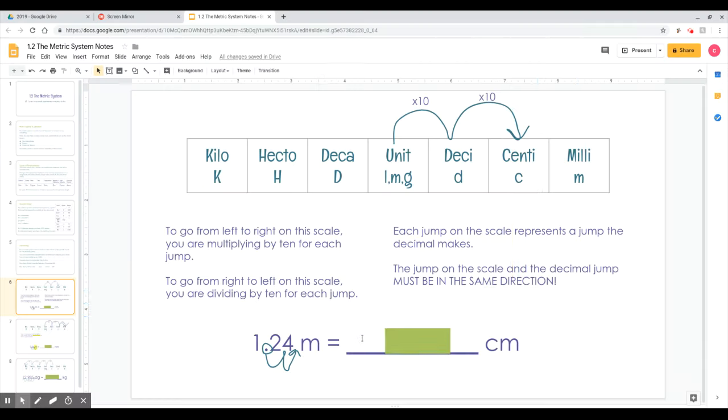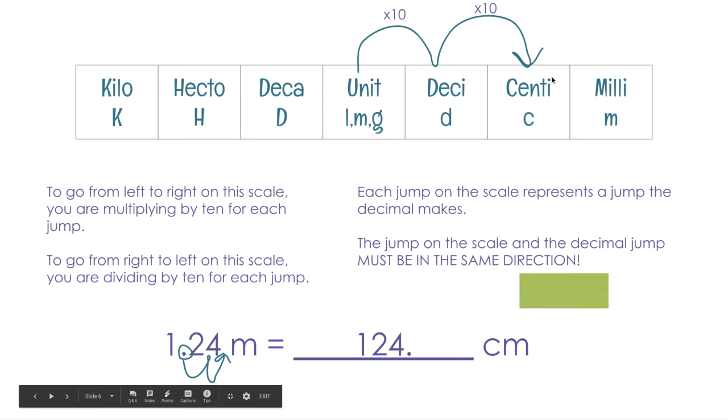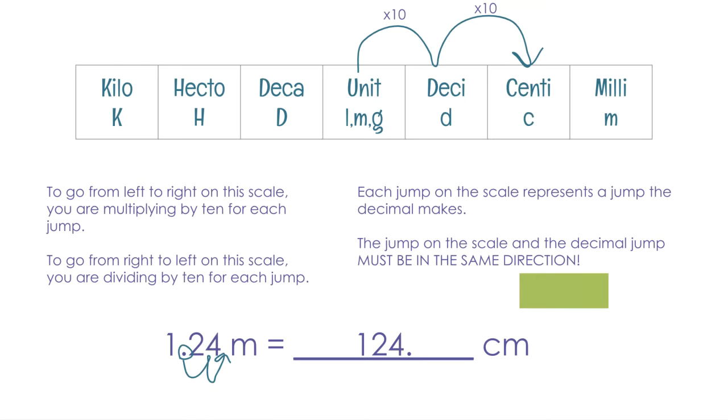When I do that, I am going to get 124 centimeters with my decimal at the end because I have physically moved it. So if I had a string that was 1.24 meters long and a string that was 124 centimeters long, they would be exactly the same length, the same way that 1 foot is equal to 12 inches.